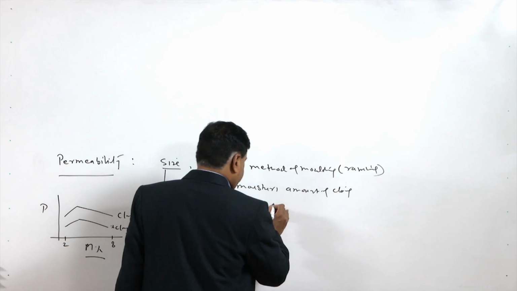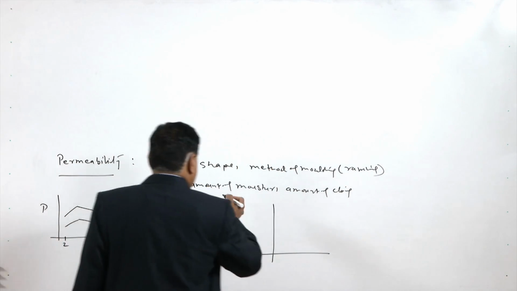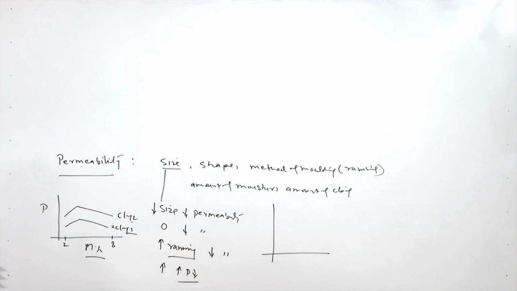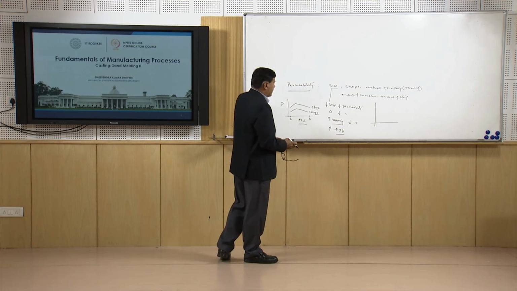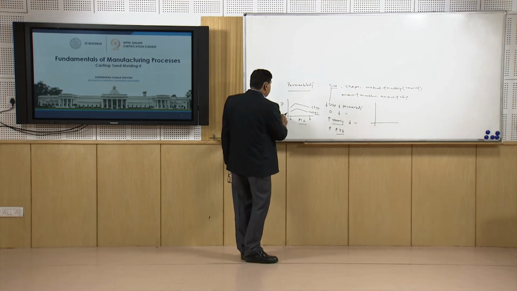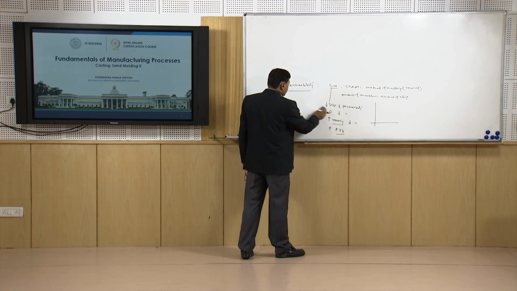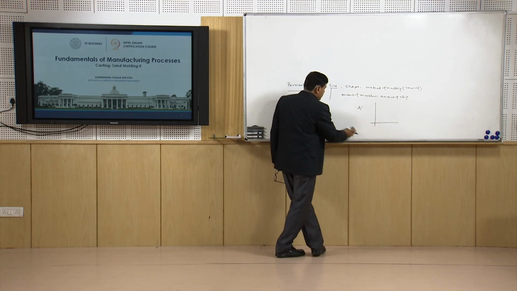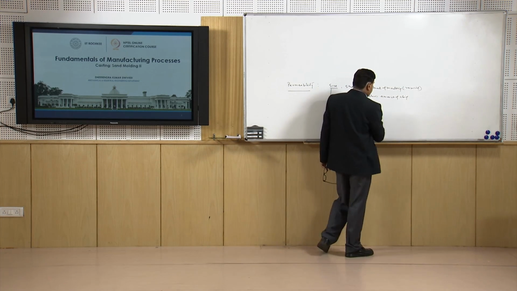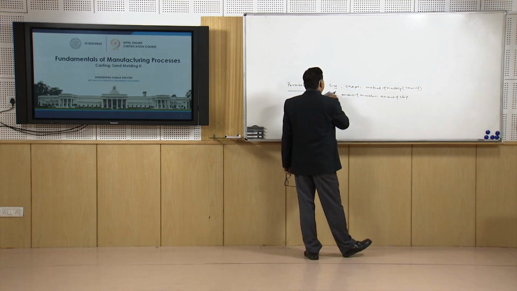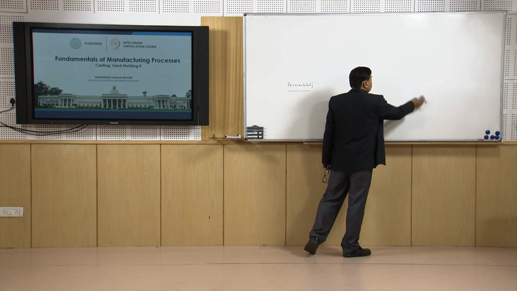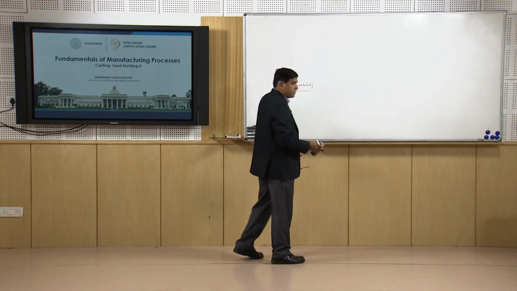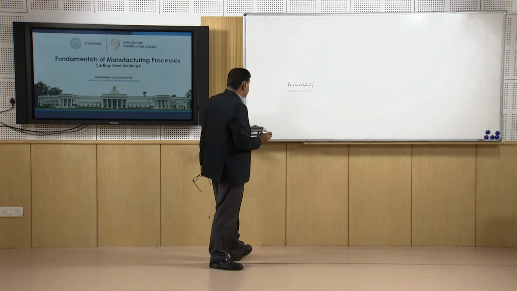Similarly, this is how we can say the amount of the clay as well as the method of the molding, the size and shape of the sand grains affect the permeability or the pores, which will be determining the capability to escape the gases present in the mold, either due to the rejection from the molten metal or the gases generated during the mold metal interaction.